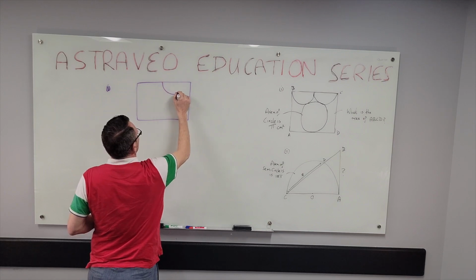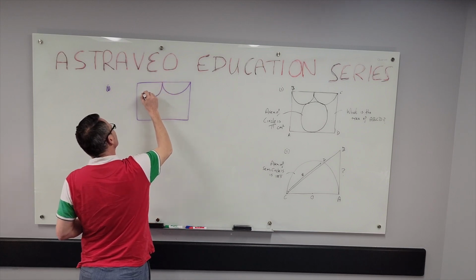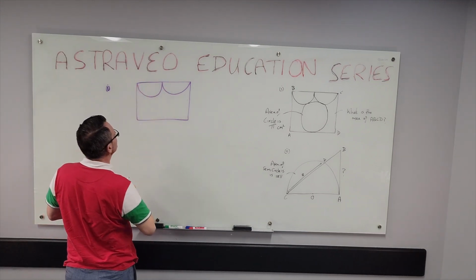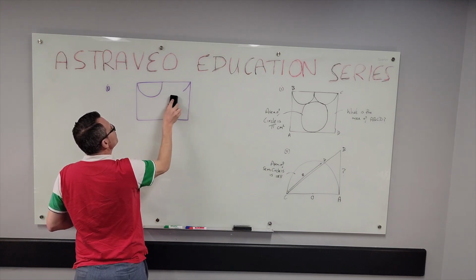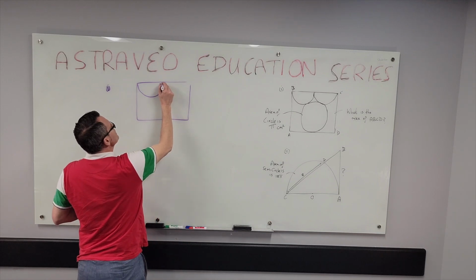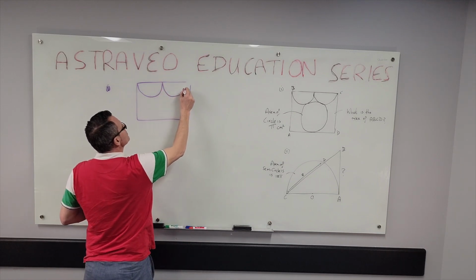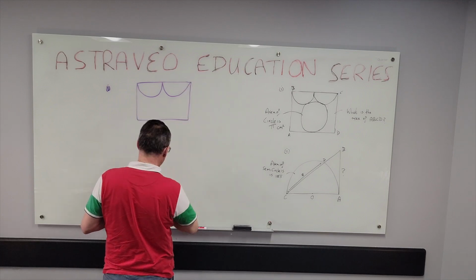So there's one of the hemispheres, the semicircles. There's the other one. Not quite. And I'd like to draw this as best I can tonight because the geometry really does matter. It's much easier to understand when the diagram is truly representative.